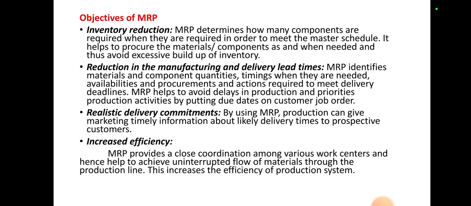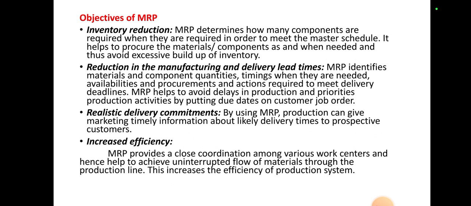Then the second objective, reduction in the manufacturing and delivery lead times. MRP identifies materials and component quantities, timings when they are needed, availabilities and procurements, and actions required to meet delivery deadlines.